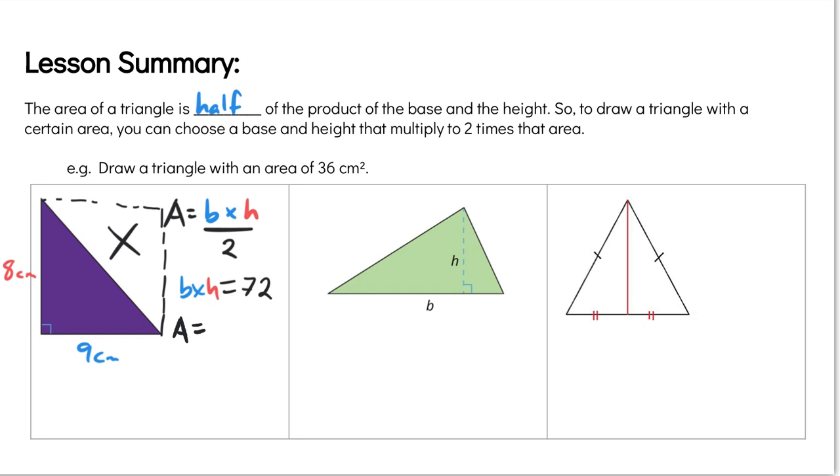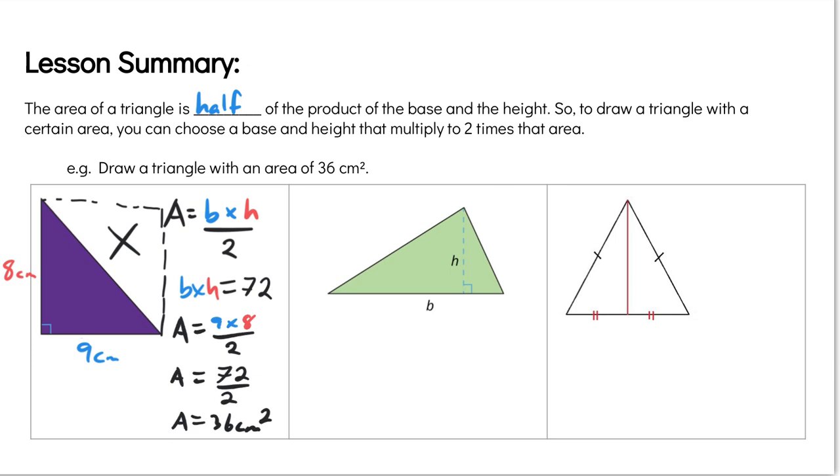So our area is going to be 9 times 8 divided by 2. Again, we recopy it and we say 9 times 8, which is 72, divided by 2. And finally, we have area is 36 square centimeters.